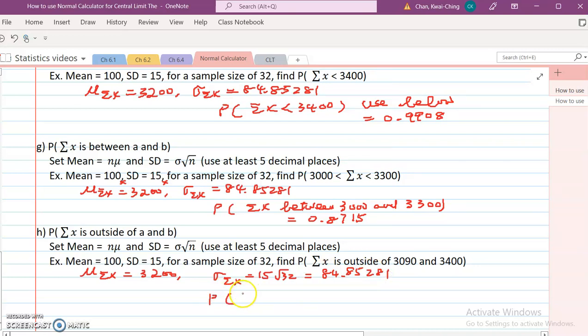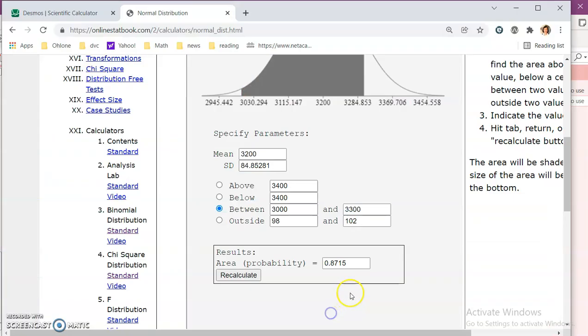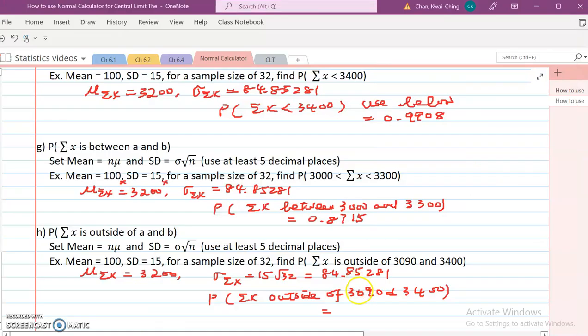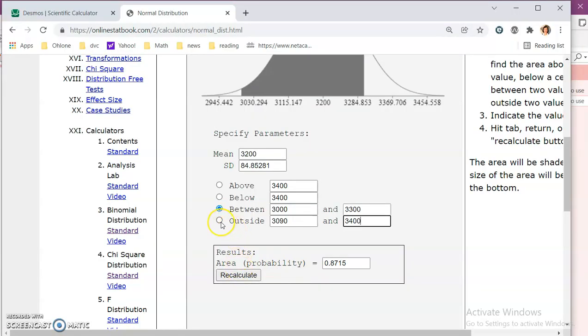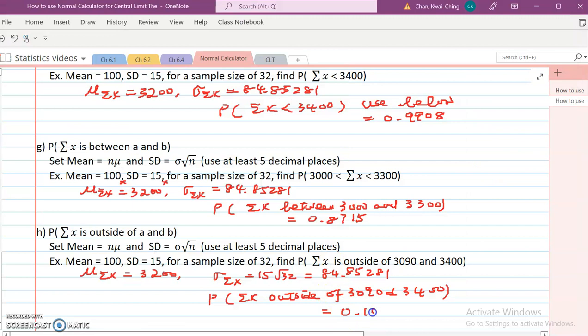So the probability of sigma x outside of 3,090 and 3,400 would equal what? We want it to be outside. You see this side is really small and this area is really big. Recalculate, 0.1066. Okay, so that's how you do this.